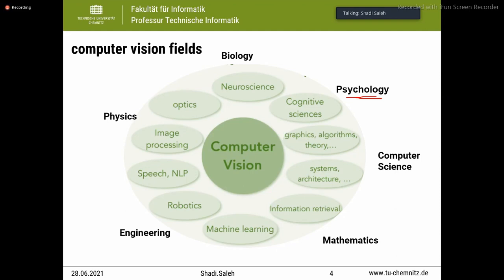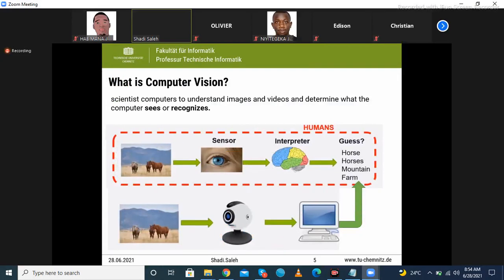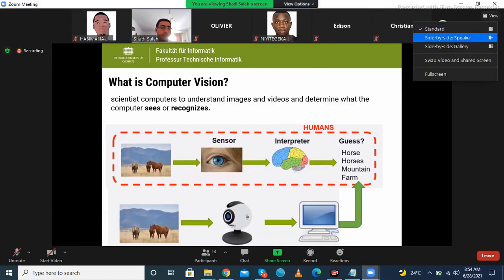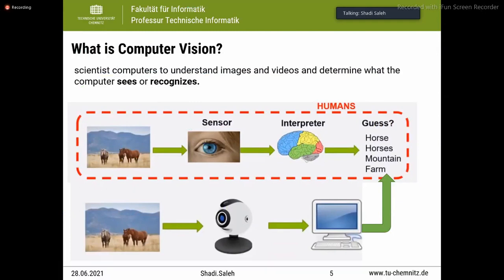So let's see how we see the world. In general, this is how a human looks. We see some image, our sensors are our eyes, then our brain tries to understand this and make an interpretation to give an estimation about this. And when scientists try to develop something, they take the same approach, try to mimic or simulate our brain, how humans see, and make this system.